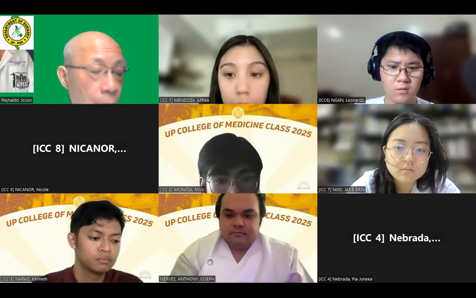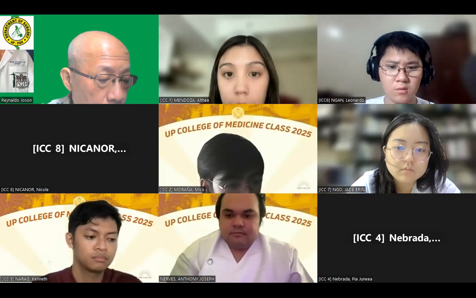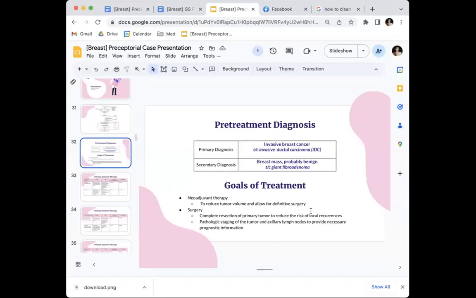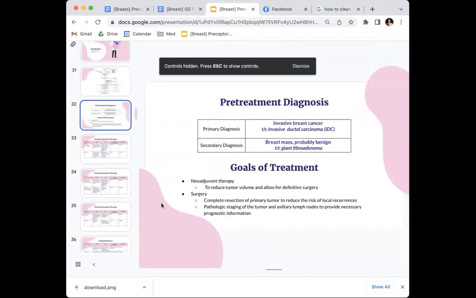Here. Okay. So the plan is to reduce the tumor volume and allow for definitive surgery. Okay. Then surgery. And then followed by surgery. Okay.